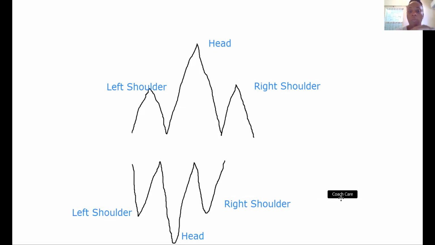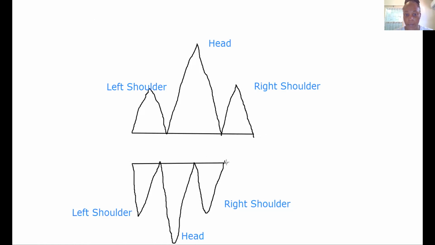right? Now, it's critical for you to identify these three components first: the left shoulder, the head, and the right shoulder, right? The other component that the head and shoulder pattern usually tends to have is a neckline. Right?